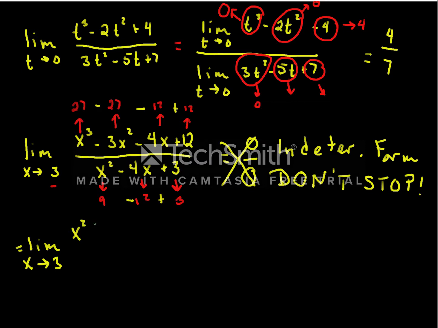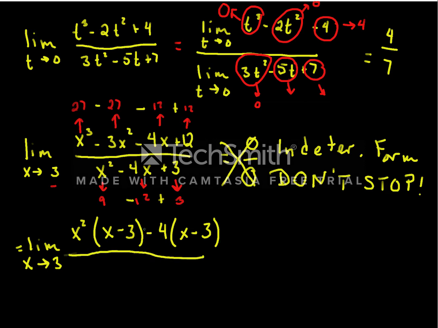So I get x squared, and what gets left is x minus 3. And here I'll factor a 4 out, and I'm going to keep the sign with it, so this will be minus 4. And it's x, and then that gives a minus 3 left behind. So that's how the top is going to factor.